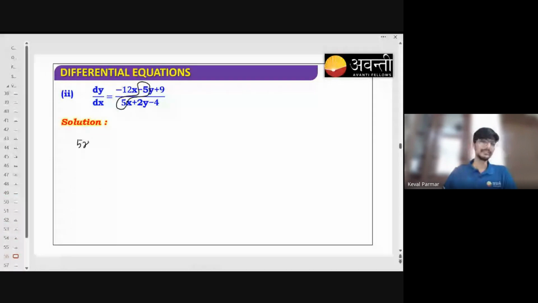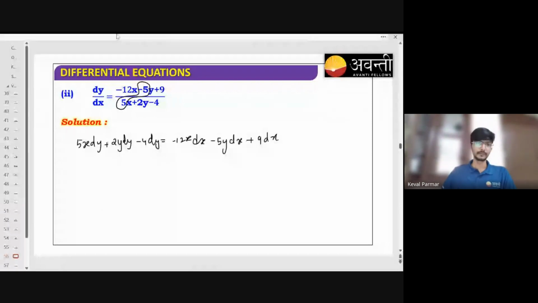So I get 5x dy plus 2y dy minus 4 dy is equal to minus 12x dx minus 5y dx plus 9 dx. Now they are not properly integrated.